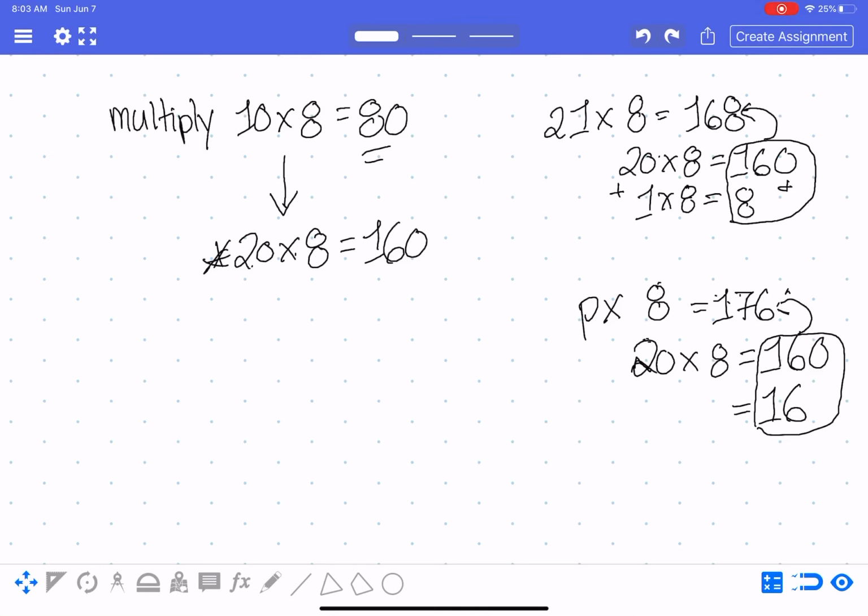So something times 8 gives you 16, right? That's a lower number, so hopefully you figured out that it's 2, right? So 2 times 8 is 16. So if you add these two numbers together, then you know that that P is equal to 22.